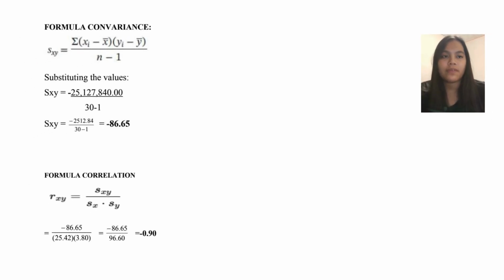For the formula, covariance is deviation x times deviation y divided by n minus 1. So I substitute the value, which is negative 25 170 804.00 divided by 30 minus 1. So I get the answer negative 86.65.